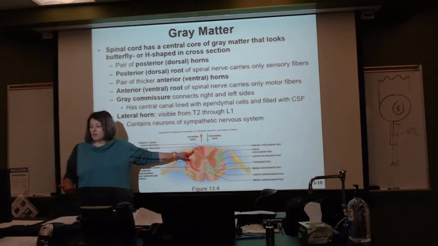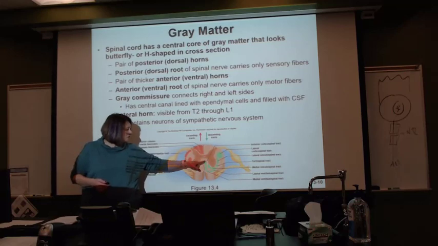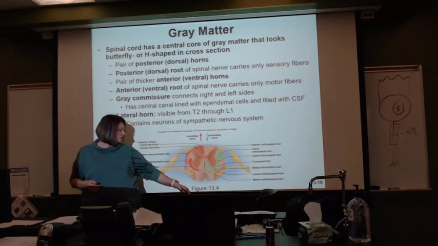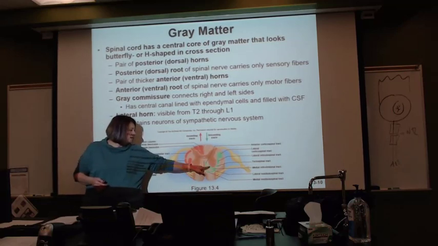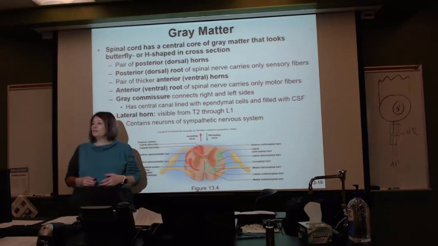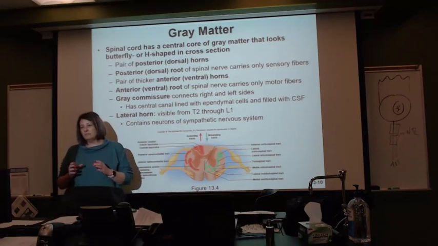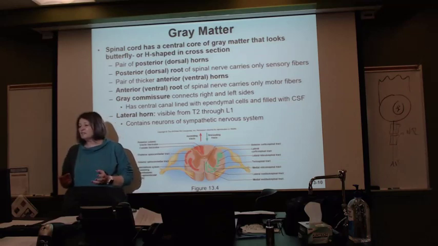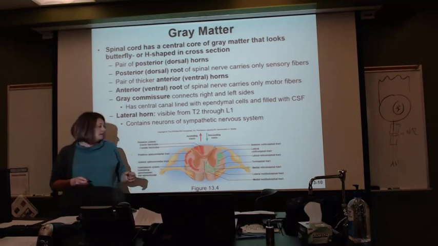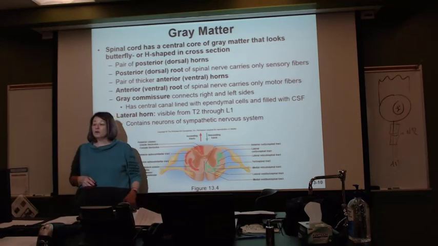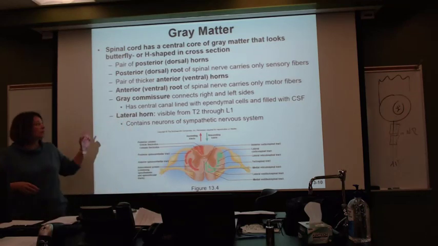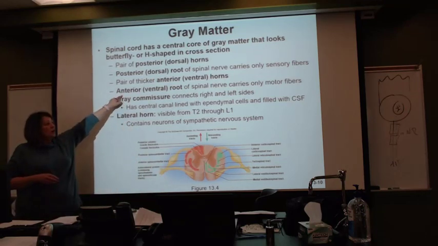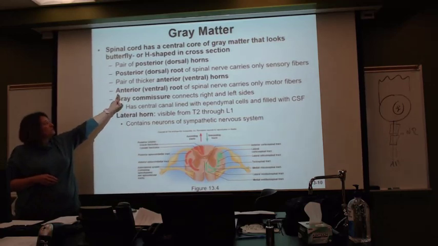Then if we look to the front, on the anterior side, it does look like there's a horn there, but they're kind of muted as a horn. They're just projections coming out, and those are our anterior or ventral horns.